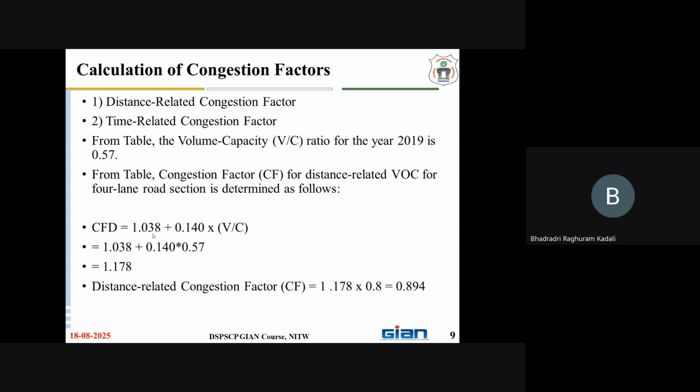There is a formula 1.038 plus 0.14 into volume by capacity. Then corresponding to the volume by capacity of 0.57, we need to understand what factor we need to have. This factor we generally have as 0.8 actually. So then we multiply 1.178 into 0.8, then we get 0.894.